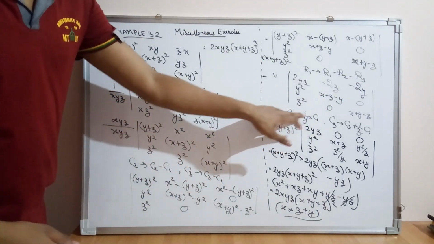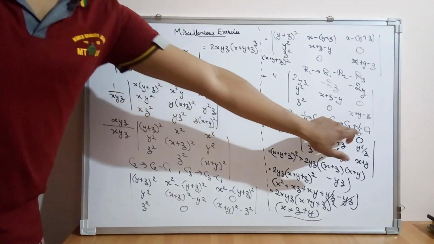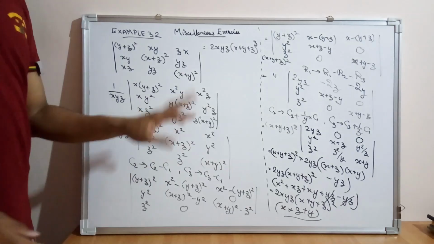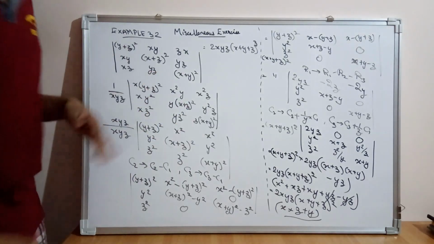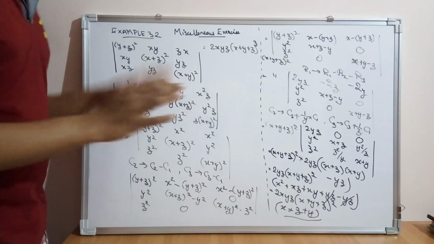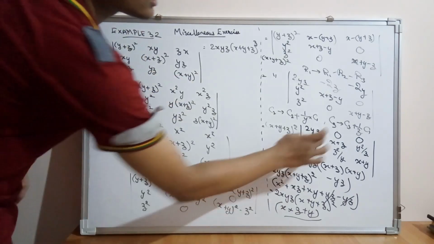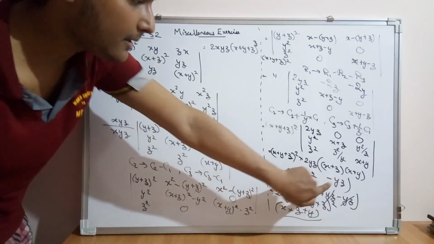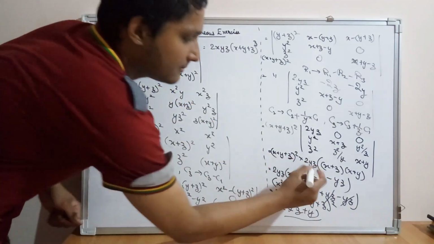For that I added 1 by y times the c1 and 1 by z times the c1 to the first, second and the third column respectively. After that I got two zeros in one row itself, so directly I can expand. So it was going to be x plus y into x plus z, okay, minus yz.